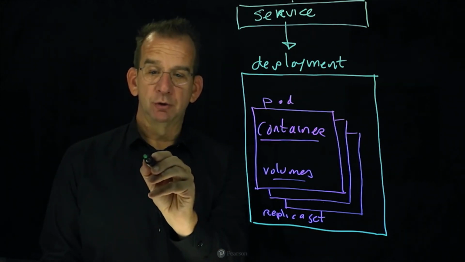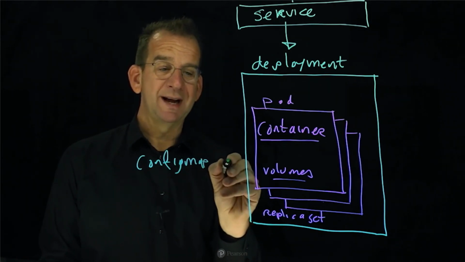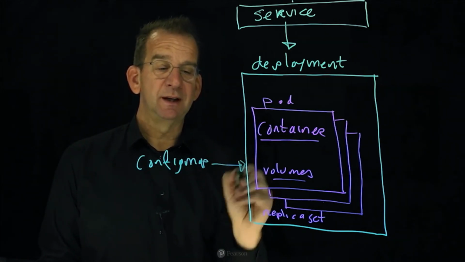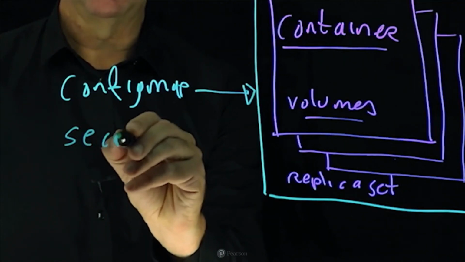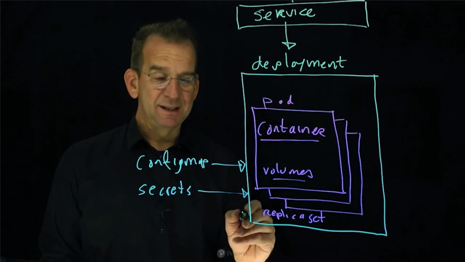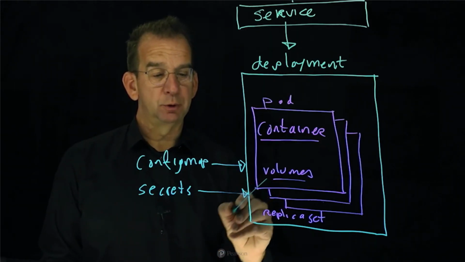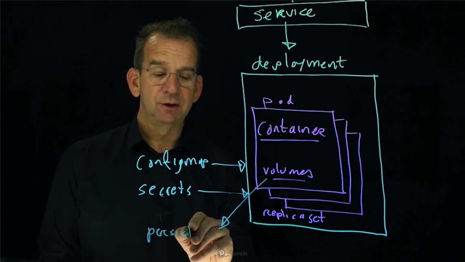But you are also going to use a config map, for instance. A config map is used to connect site-specific information to your application, like variables, or secrets, which is the same as a config map but in a more secret way. And then you are going to take care of persistent volumes and much more as well.